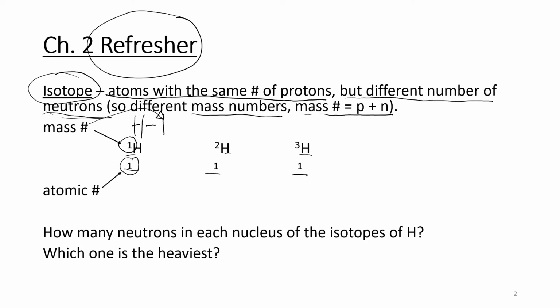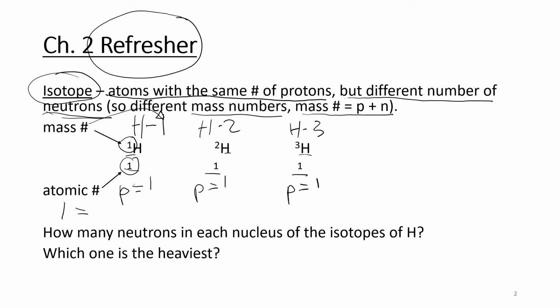So let's look at these three different isotopes of hydrogen. We have H1, H2, and H3. So in the first one, let's just start by identifying the number of protons. All of them have one. And then our number of neutrons we can figure out based on the mass number. So again, mass number is given as 1.